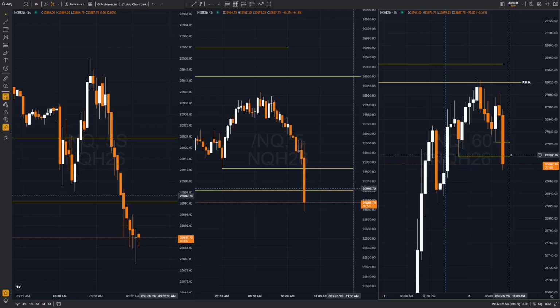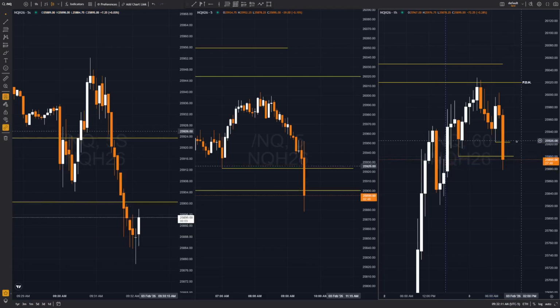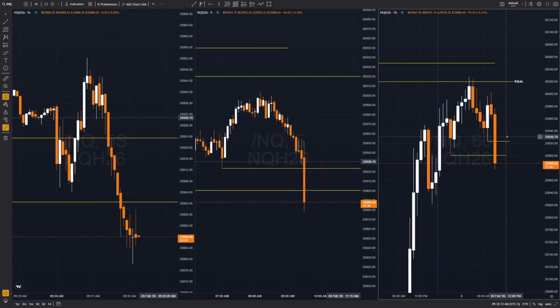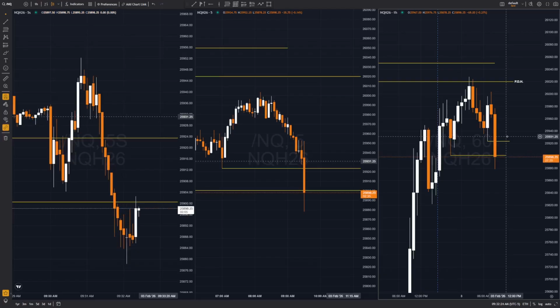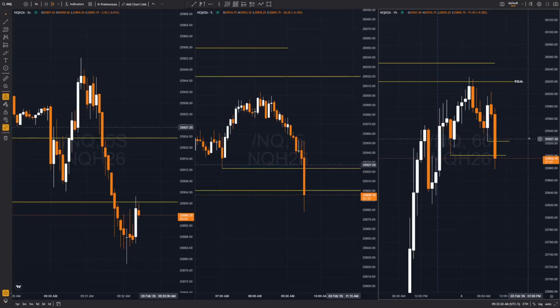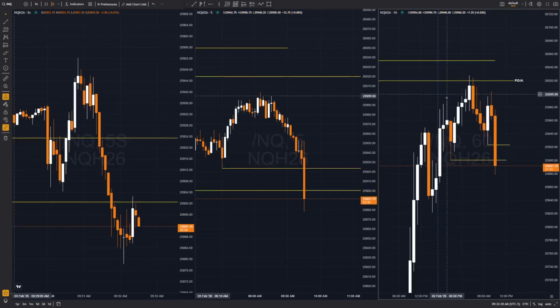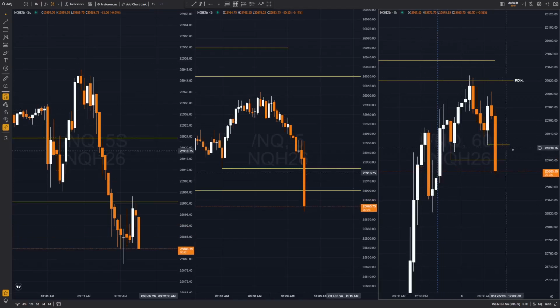Alright, so we're getting some bearish price action. Because overall on the hourly we are bullish. Like we are making lows and highs and lows and highs.